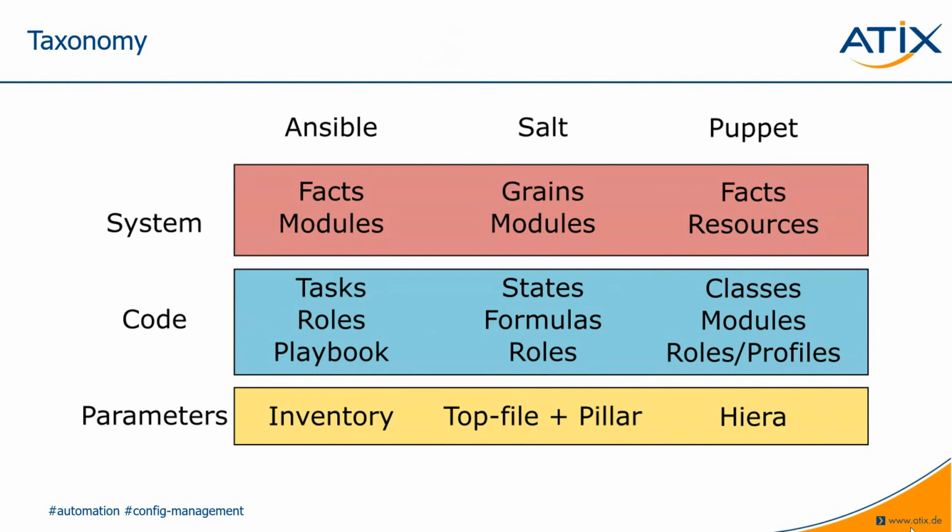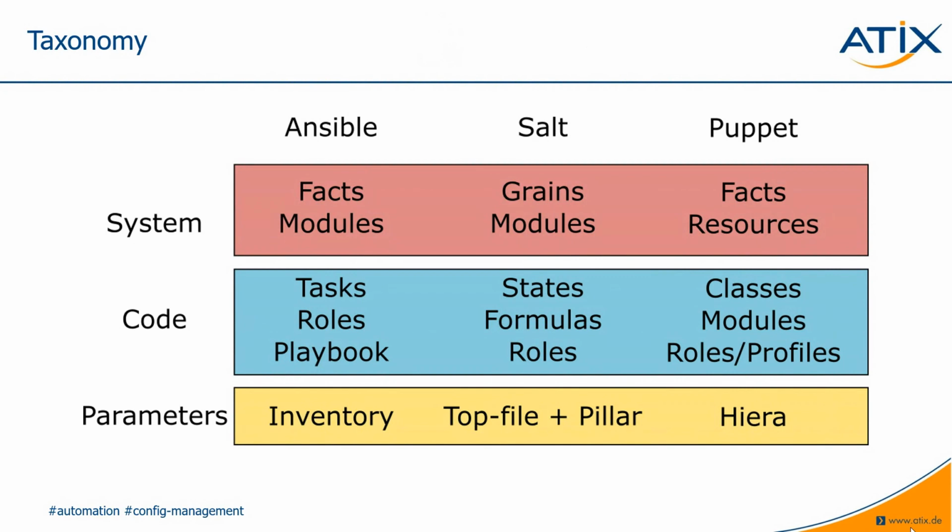But in the end, there is something which is called facts, which are functions running on your target system, collecting information, which is then used, for example, by the Puppet or the Salt master to identify a certain host system. And all those facts can again be used inside of code or parameters to select what things are done or are not done. So they are good for conditions, or to insert them into configuration.